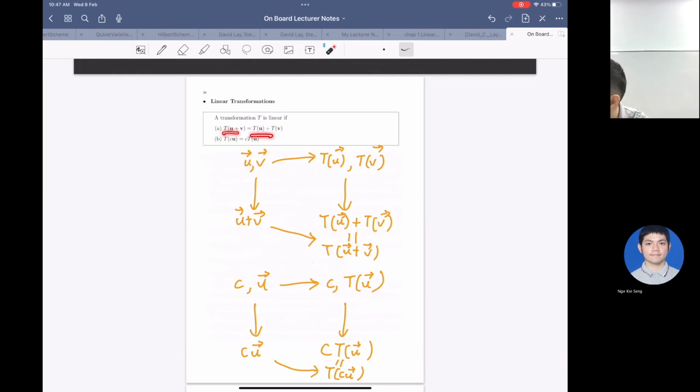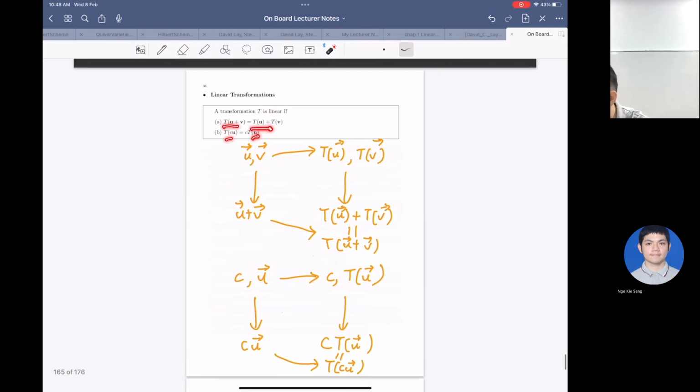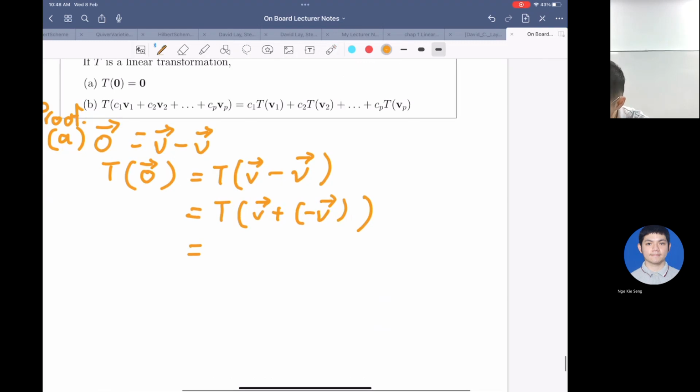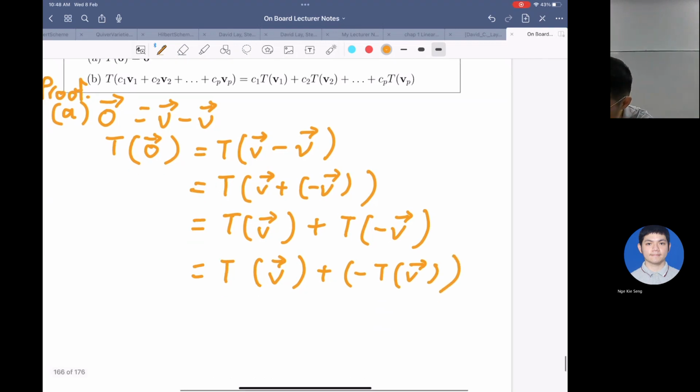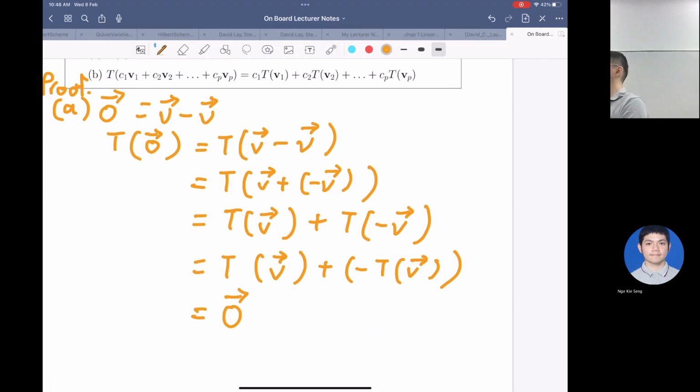So now we split the sum first, and then we can pull out the scalar. So Tv and Tv are equal, so this is 0. So it sends 0 to 0.